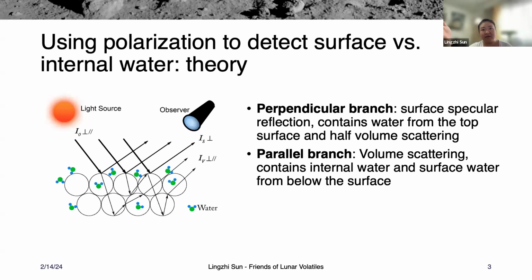From the perpendicular branch, you will see mostly the surface reflected light and a small part of the volume scattered part, so it's dominated by the surface reflected part. When we look at the parallel branch, it only contributes from the volume scattering part. These are the part that contains internal water from the inside of the grains. But the perpendicular doesn't contain that much from here.